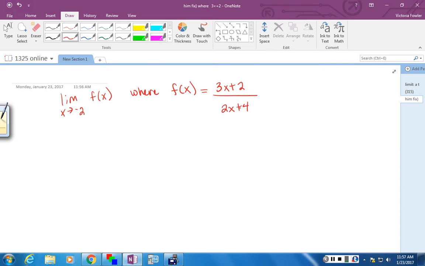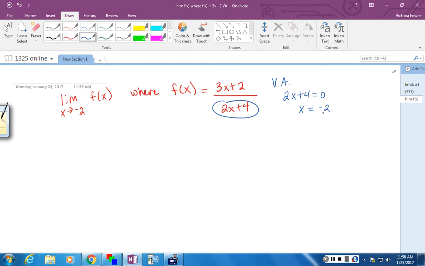One of the key things you might start doing is seeing if you can algebraically manipulate this and simplify it. Doesn't look like I'm able to do that. Things that have already caught my eye, though: I've realized what the domain is, and I realize that I have a vertical asymptote, so I'll put VA, wherever that denominator is equal to 0. So it looks like I would have a vertical asymptote at x equals -2.